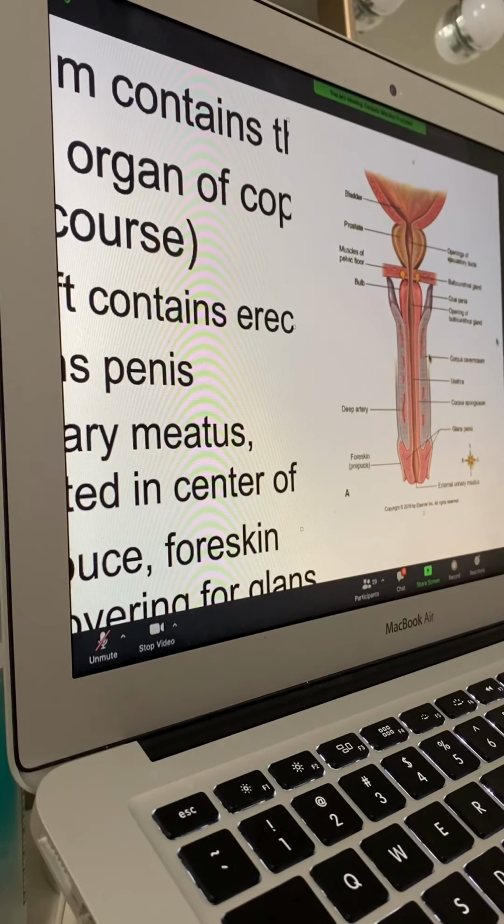It consists of two sets of muscles. You have the corpus cavernosum, and then you have the corpus spongiosum. And when the male is sexually stimulated, these muscles are filled up with blood.